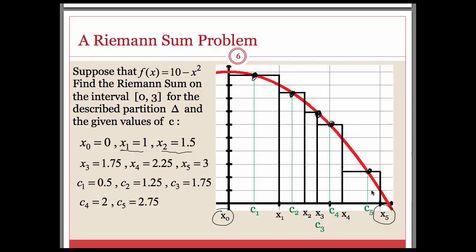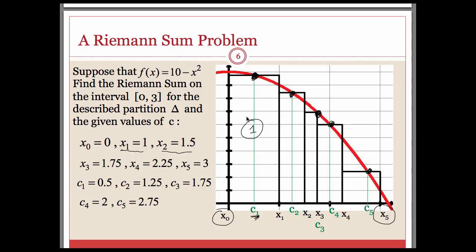So this first rectangle right here, we know the width is going to be 1. For the height of the rectangle, we need to substitute the c1 value into the curve, into the 10 minus x squared equation, and that's going to enable us to find the height.